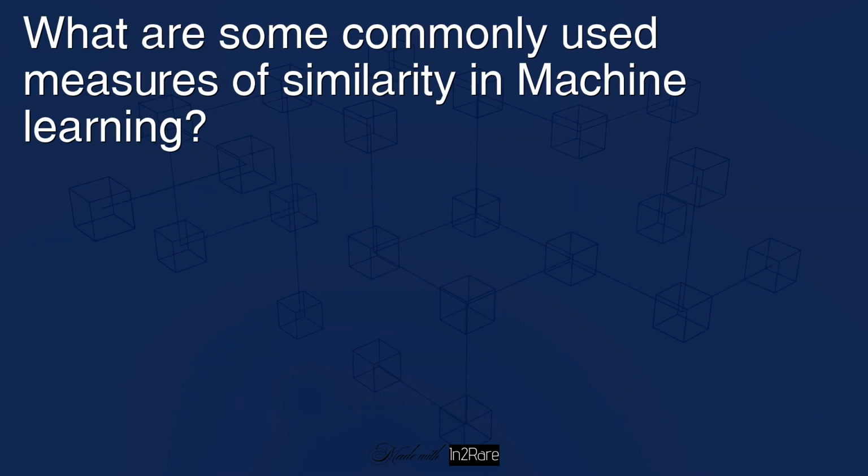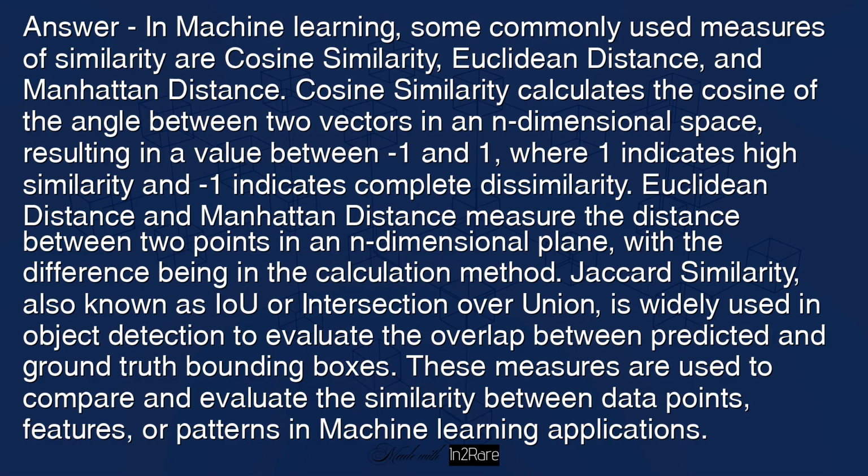What are some commonly used measures of similarity in machine learning? Answer: in machine learning, some commonly used measures of similarity are cosine similarity, Euclidean distance, and Manhattan distance. Cosine similarity calculates the cosine of the angle between two vectors in an n-dimensional space, resulting in a value between -1 and 1, where 1 indicates high similarity and -1 indicates complete dissimilarity.